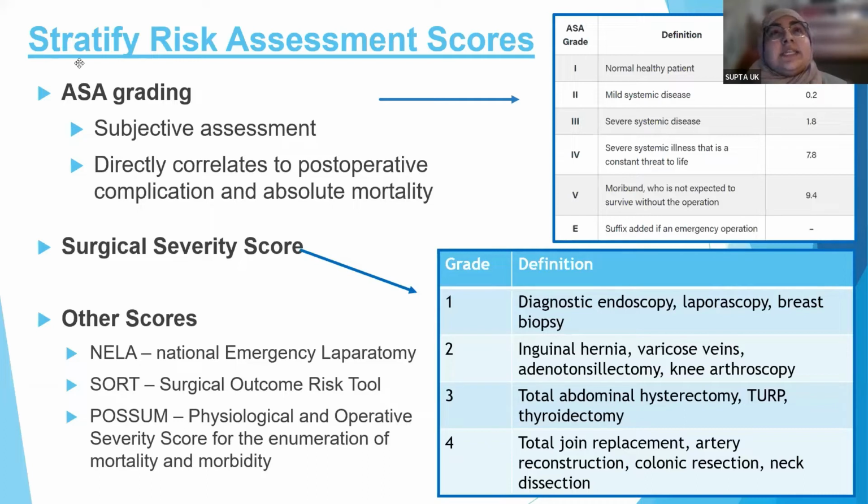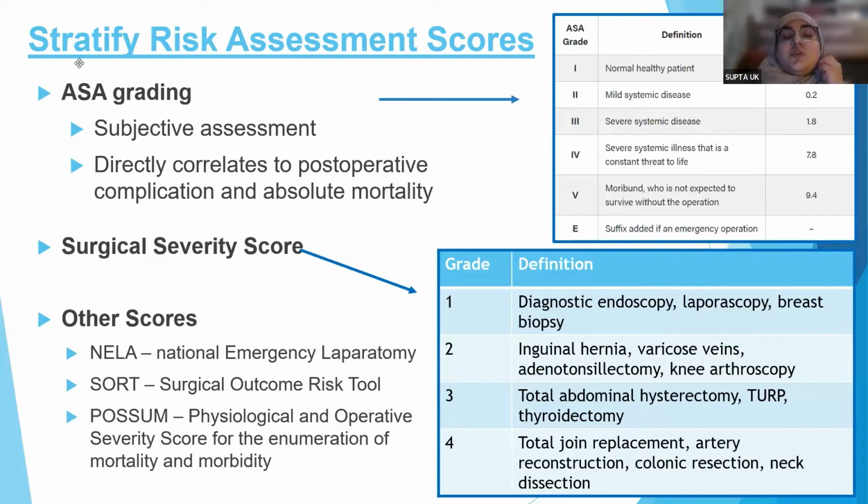It doesn't take into consideration other comorbidities or other factors, so it is much less used. But as I said, a grade can be given for prioritization of patients, if you have a backlog of patients who've come in as emergencies for whatever reason, and then you can grade them and do the surgeries according to the grades.